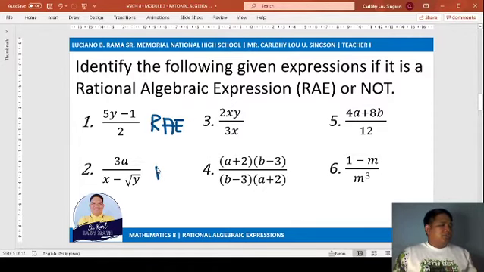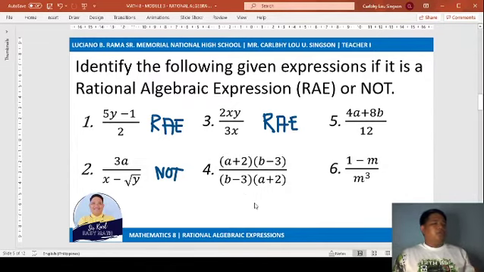So number 2 is not a rational algebraic expression. How about number 3? 2xy over 3x. The denominator is not 0, and the numerator and denominator are polynomials, so this is a rational algebraic expression.